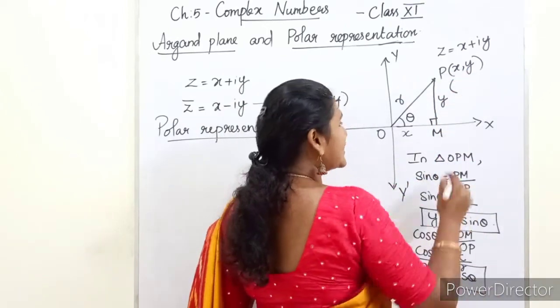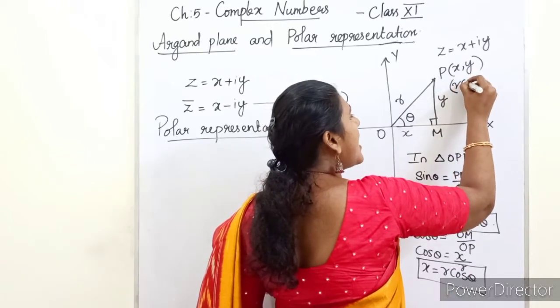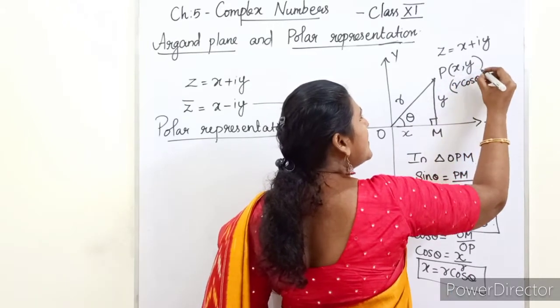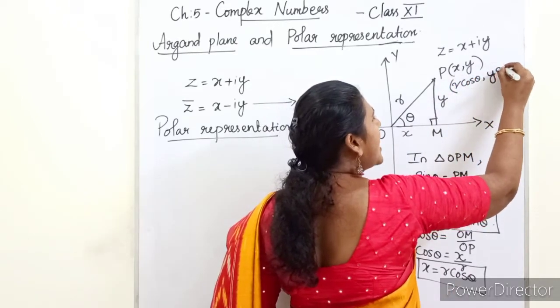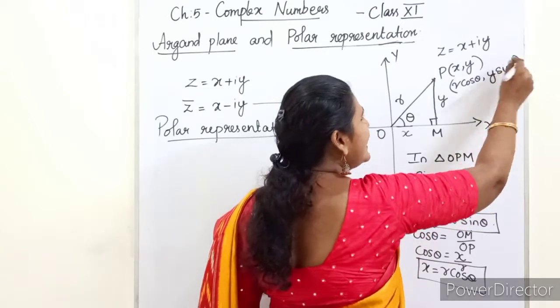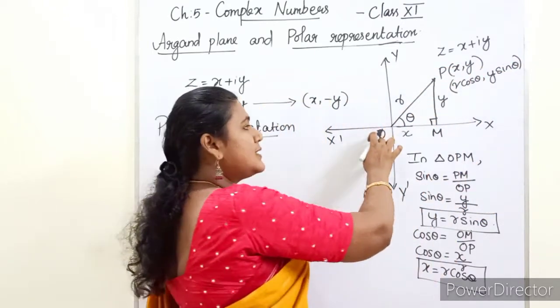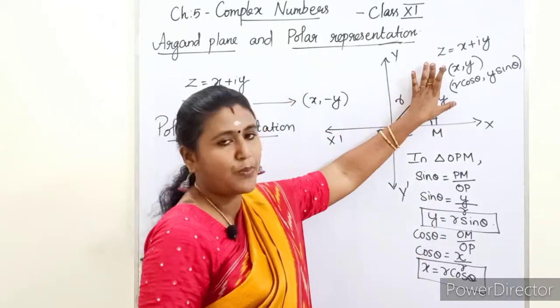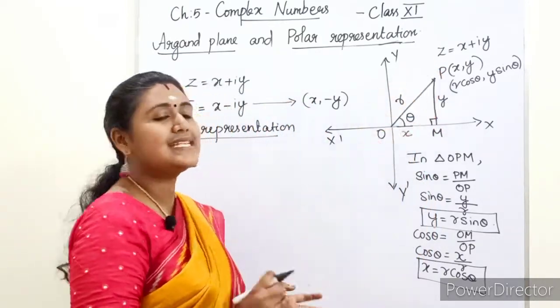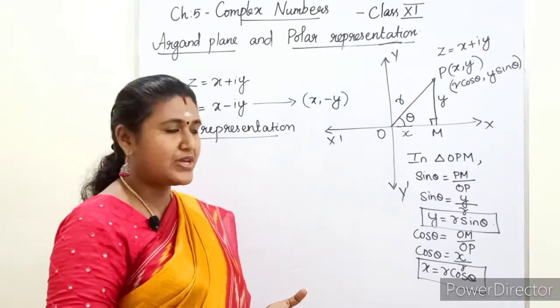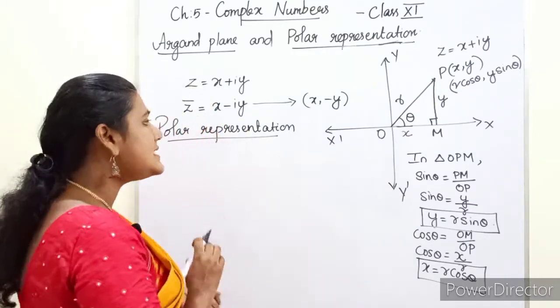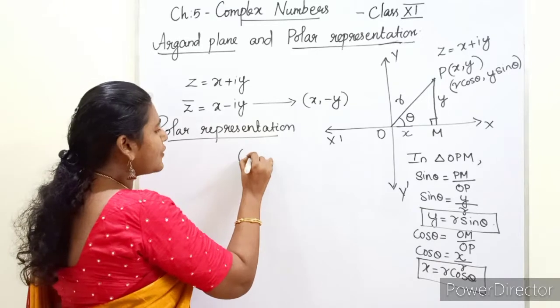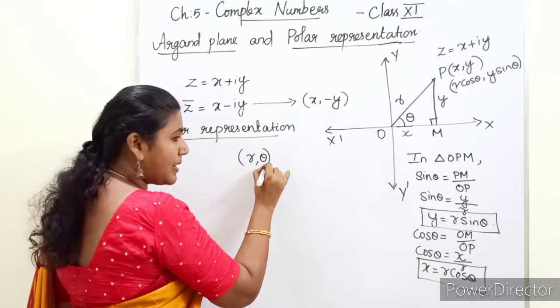In the place of x coordinate we can write R cos theta, and in the place of y we can write R sin theta. So if we know the length OP and this angle, we can find this point. In other words, P is determined by the ordered pair of real numbers r comma theta.